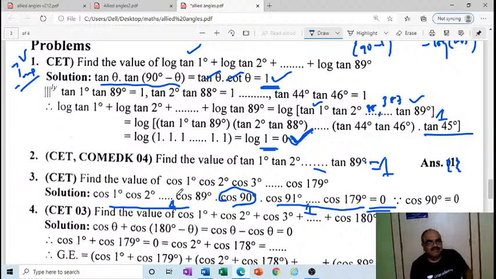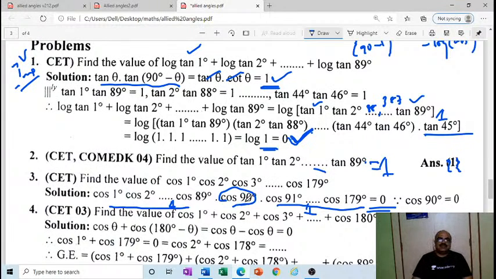This will be 1. Whereas cos 90 is 0. So thereby the answer becomes 0. Is this clear to you? If cos 90 would have been 1, then the answer you would have got is 1. But that's not.